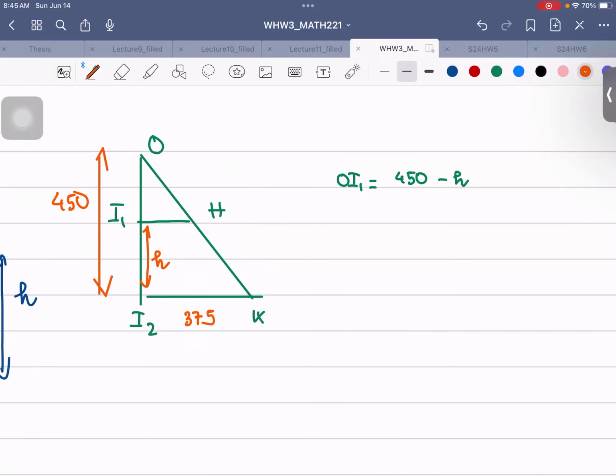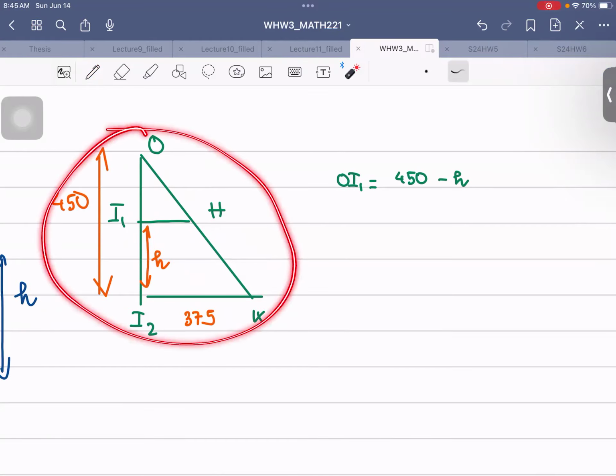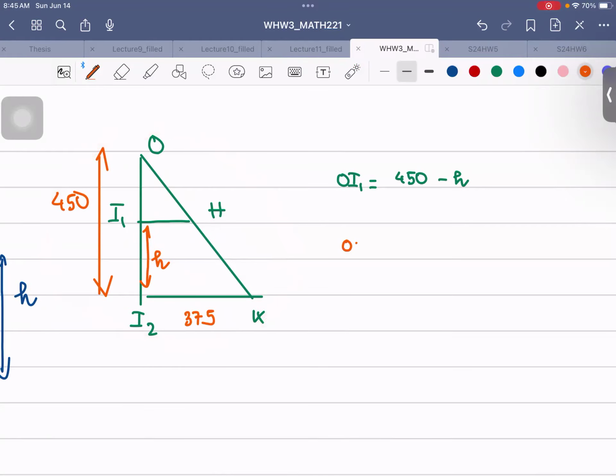And from the similar triangle, I have that OI1 divided by I1H equals OI2 divided by I2K.